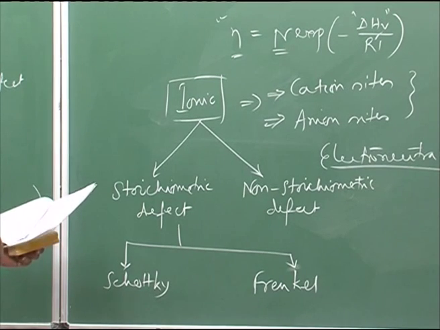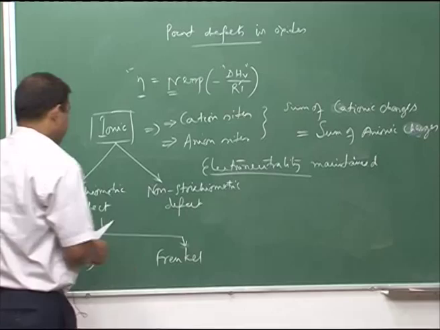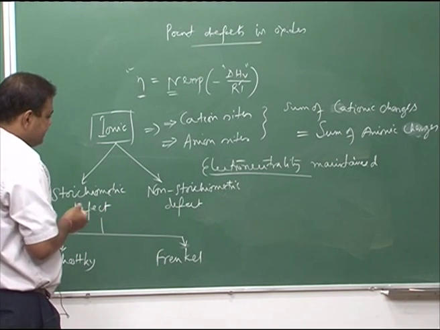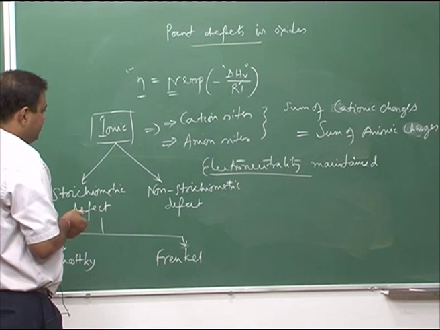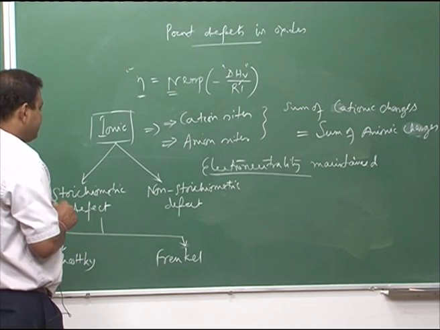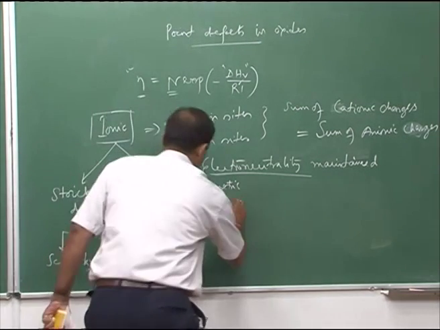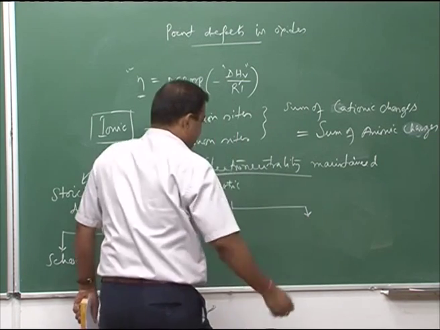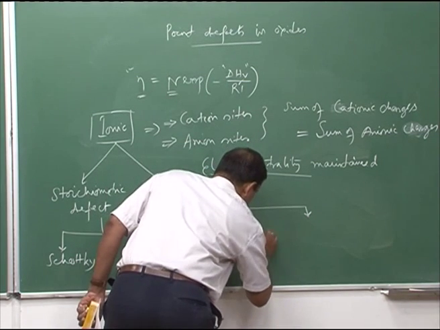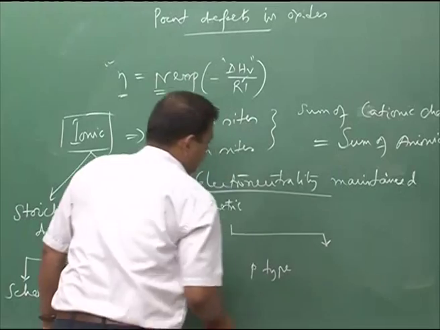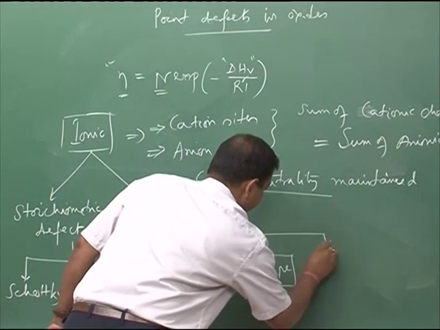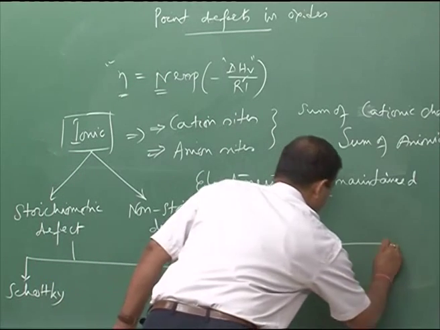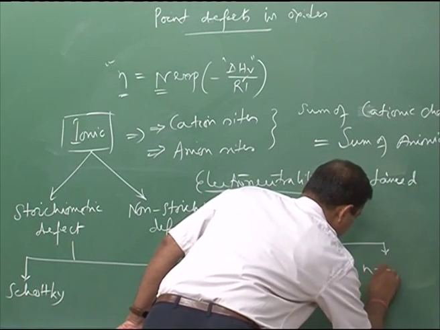In the case of non-stoichiometric defect, we have many varieties. Out of that, we would only consider two major varieties: p type oxide and n type oxide.